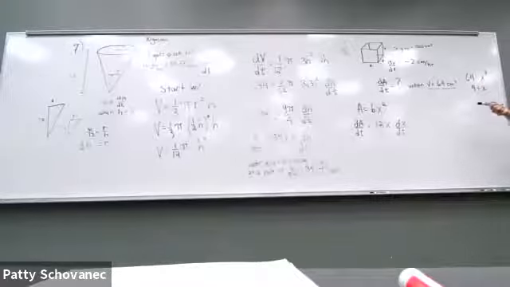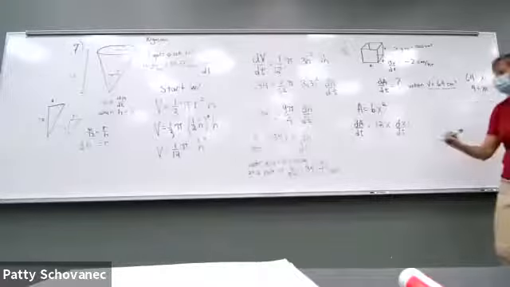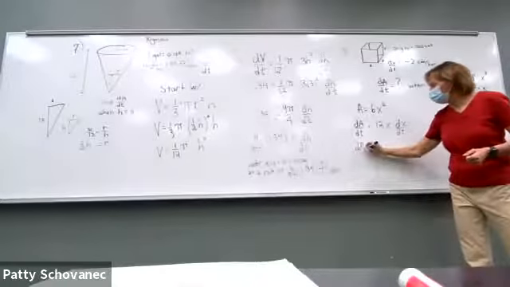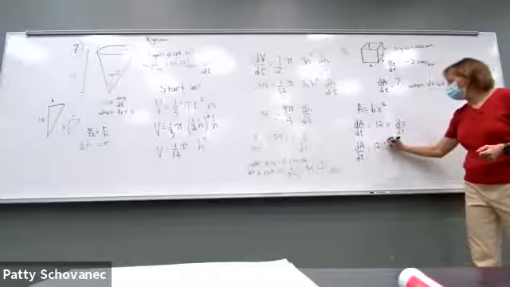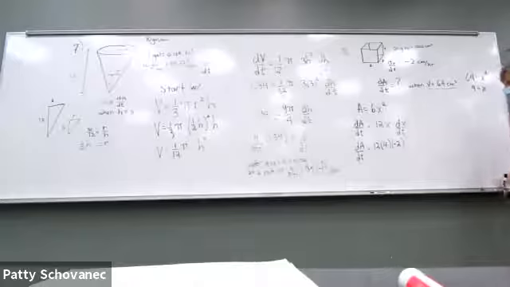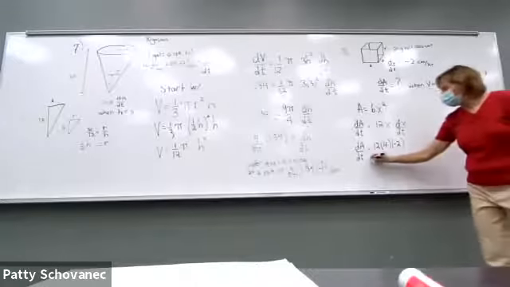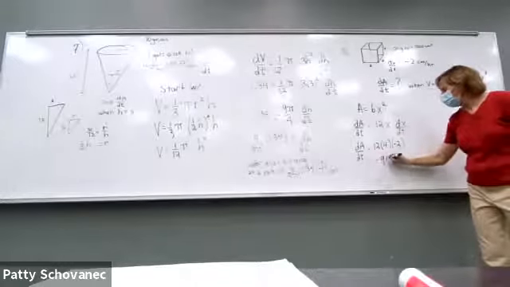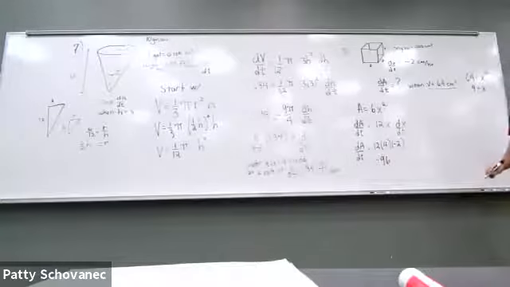So on the right hand side, we have 12 times 4 times negative 2. 48 times 2 is negative 96. What should the units be on that?